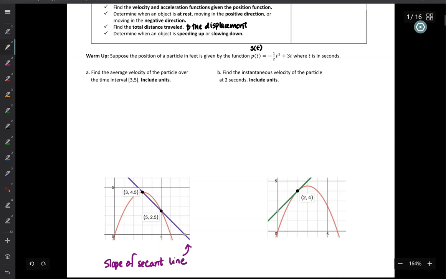Okay, so our average velocity is going to be a change in position over change in time, specifically over this time interval. It is the position, and I'll use p because I used p up here. It's the position at time 5 seconds minus the position at time 3 seconds, all over 5 minus 3 seconds.